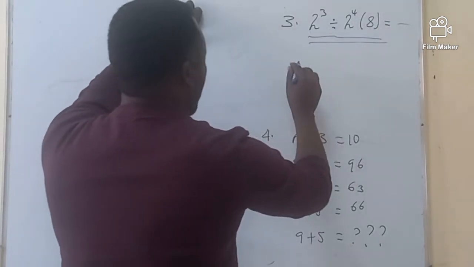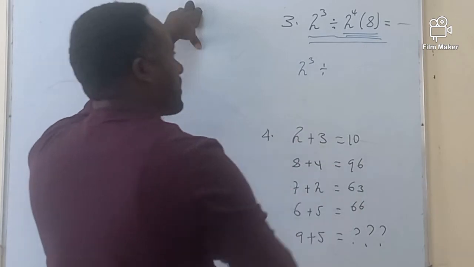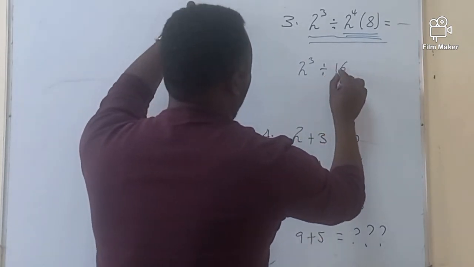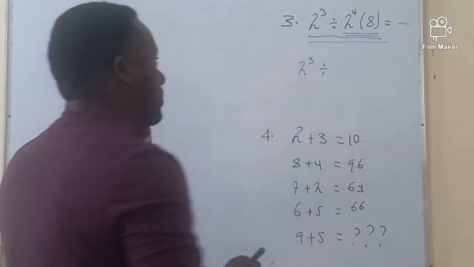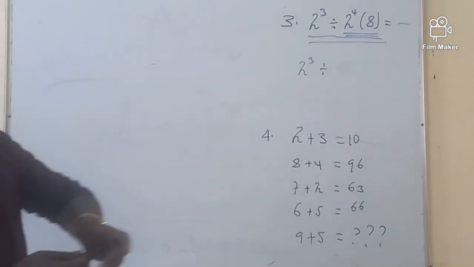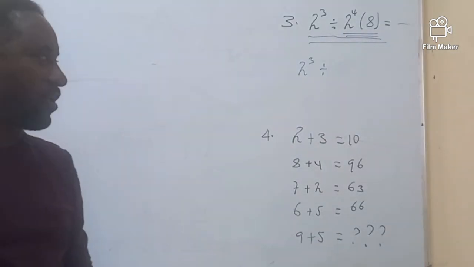So from here, what are you going to do? 2 raised to 3 divided by, first we have to work out this formula: 16 times, and here there is 2 raised to 4 into this one.